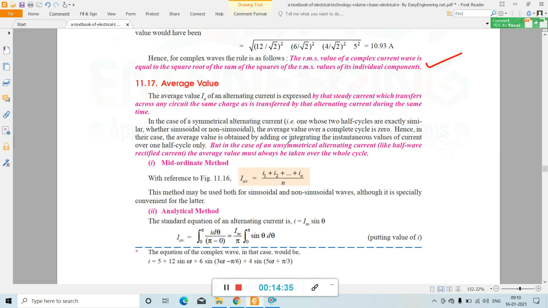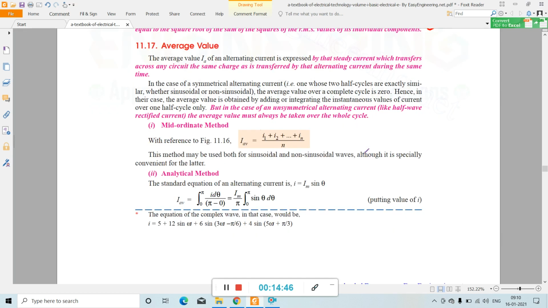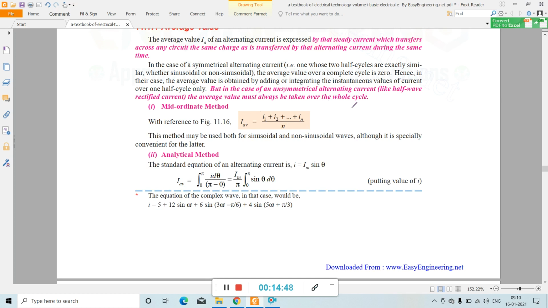Okay, so see here, in case of unsymmetrical alternating current like half wave rectified current, the average value must always be taken over the whole cycle, because here it is unsymmetrical; in the positive half cycle whatever it has, in the negative half cycle it never has the same thing. So in the two half cycles it has different values.